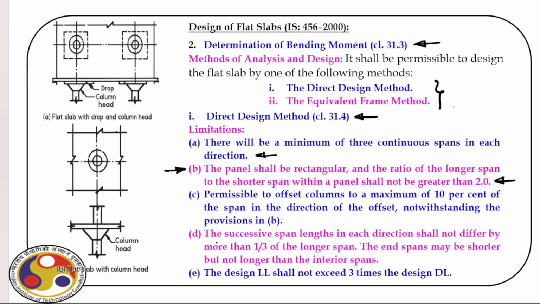Then the successive span lengths in each direction shall not differ by more than 1/3 of the longer span. The end span may be shorter but not longer than the interior spans. And the design live load shall not exceed 3 times the design dead load. So these are the limitations for the first option.